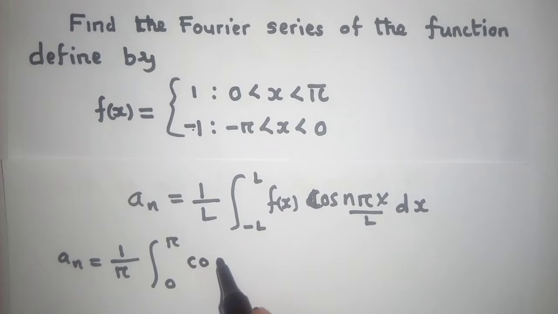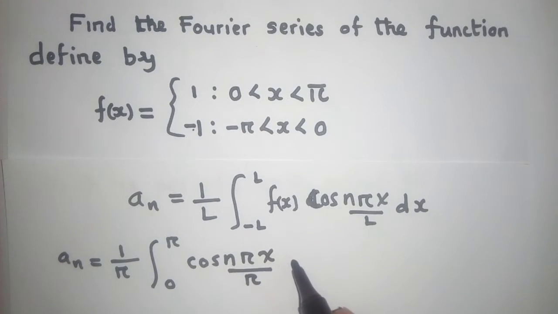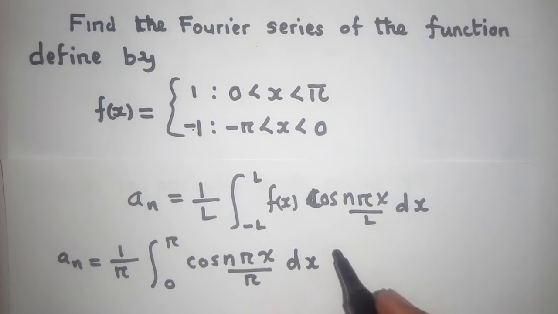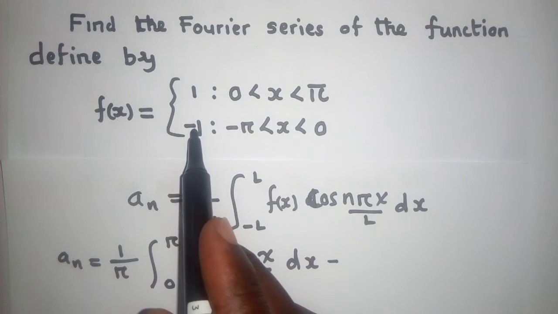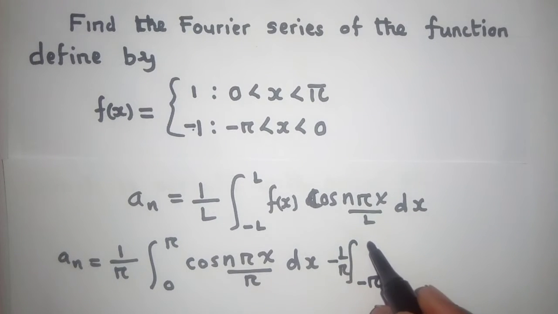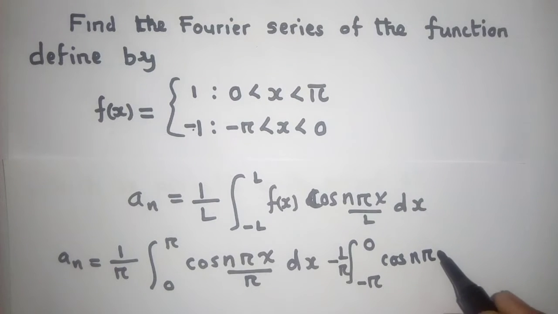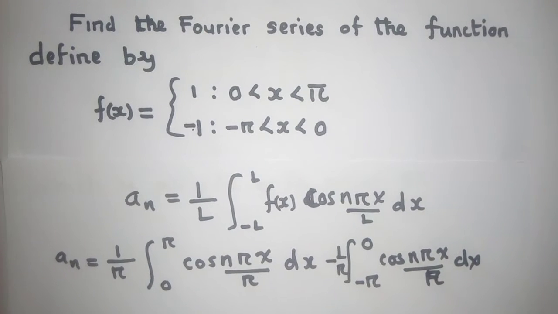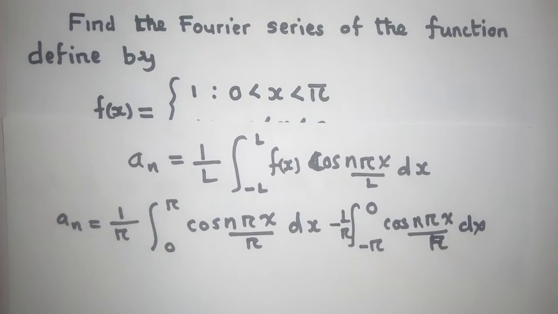So we'll just put cos(n pi x over pi). We know our L is pi. And then we said the x. Here, minus, because this function has got a minus. So minus, the same thing. Here we have now negative pi to 0. Here it will be cos(n pi x over pi) dx. So that's what we have.